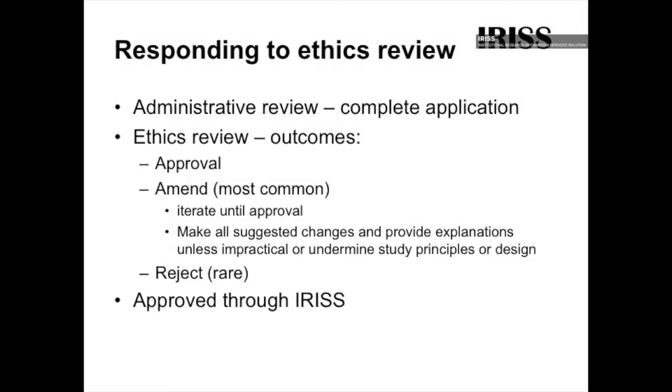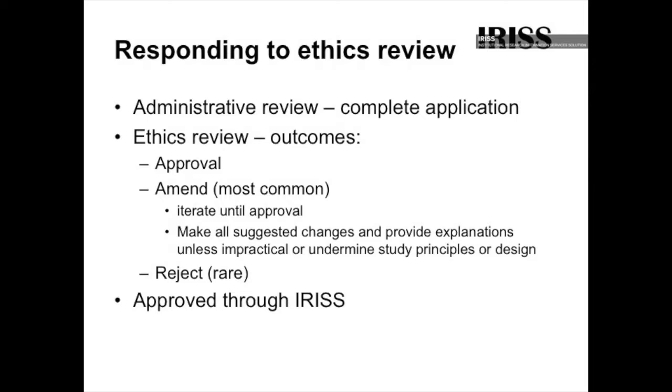The result of that is either going to be full approval or an amended approval, which is the most common outcome, which is to say, we will approve this once you have fixed these issues. Sometimes you have to go through several iterations to address the concerns of the REB, and you do need to make those suggested changes.